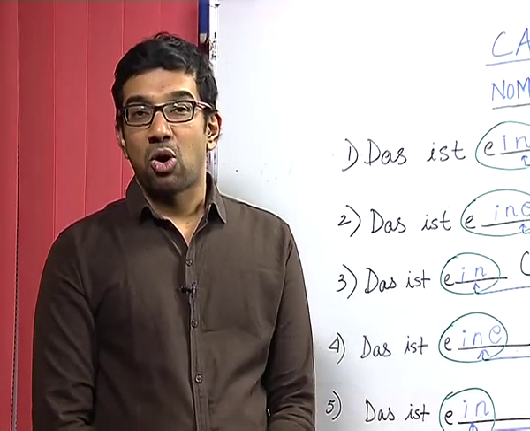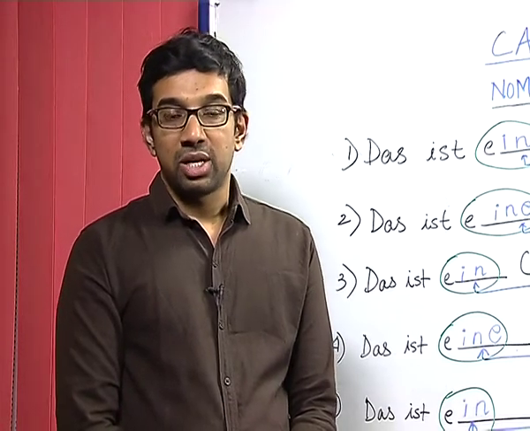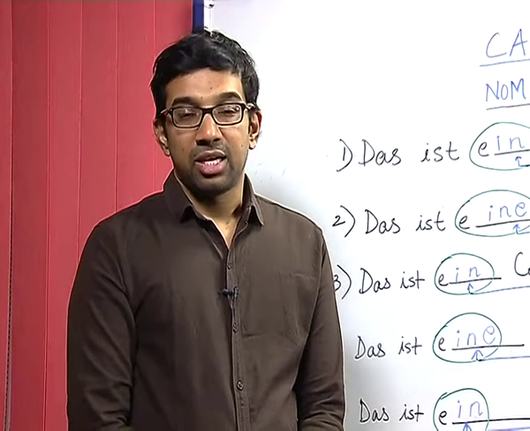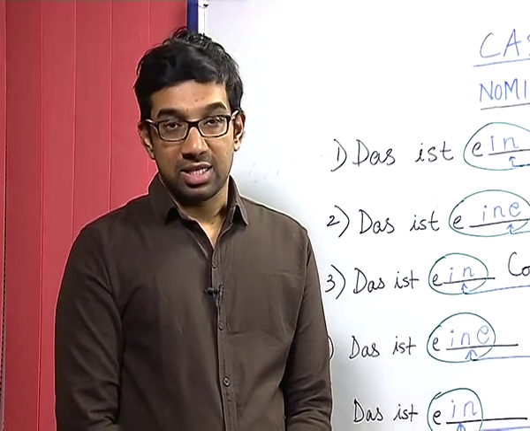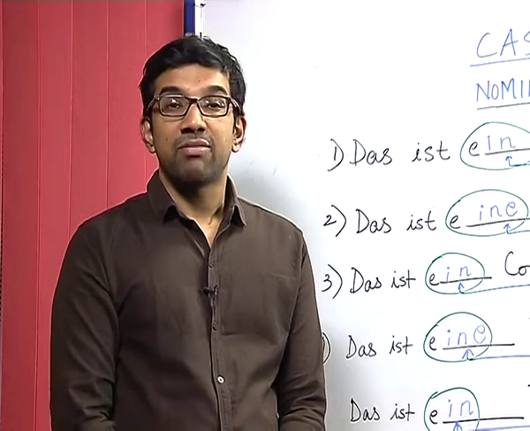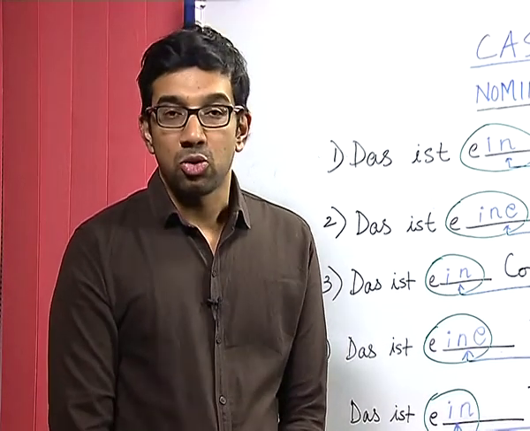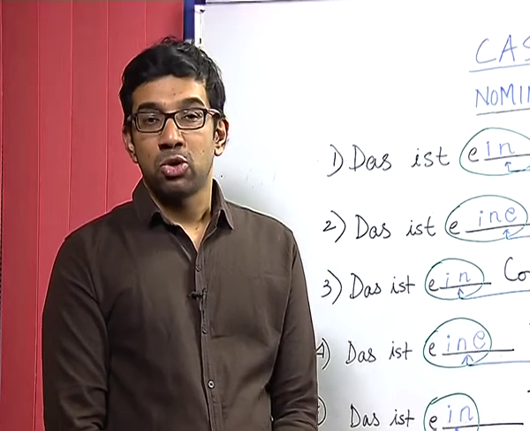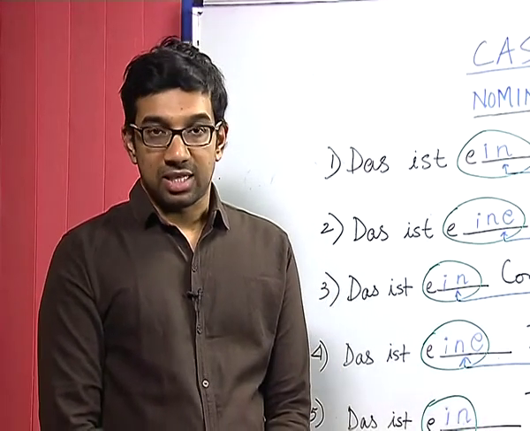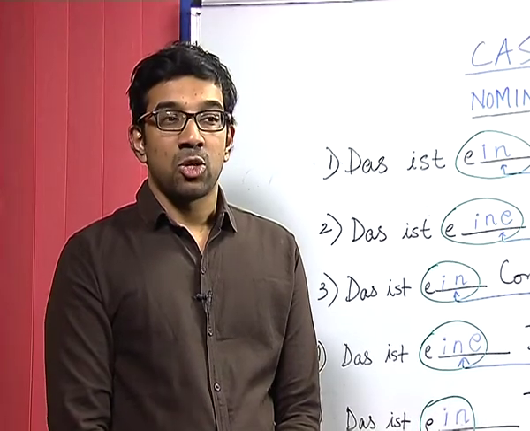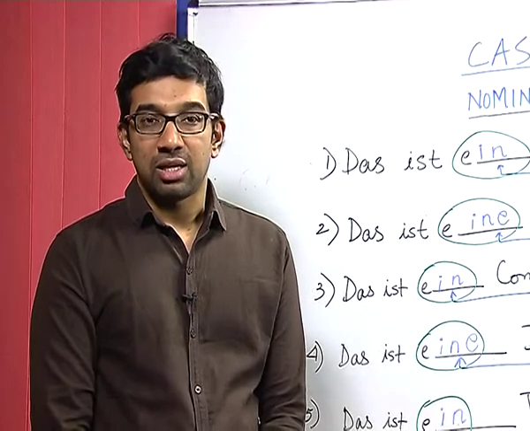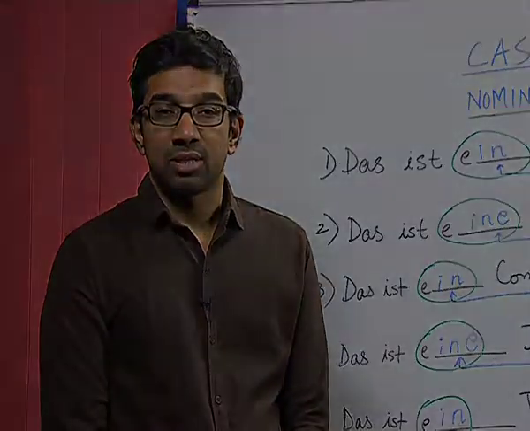So it is always advised to learn a new noun with its article. If you don't learn the article, then you would not be able to understand the indefinite article also. So I would strongly advise you to learn any new noun with its article as well as its plural form. We would do the plural forms of the article in a later segment.